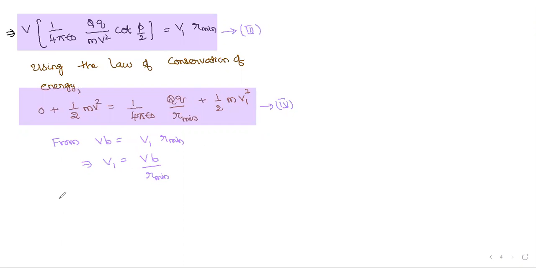I substitute that there and I will get half m, if I take common, v square minus v1 square is equal to 1 by 4 pi epsilon naught q by r minimum. Okay, this is from equation 3.